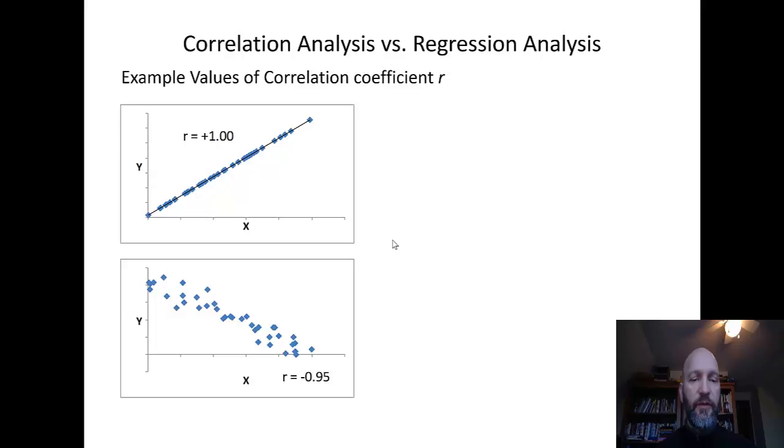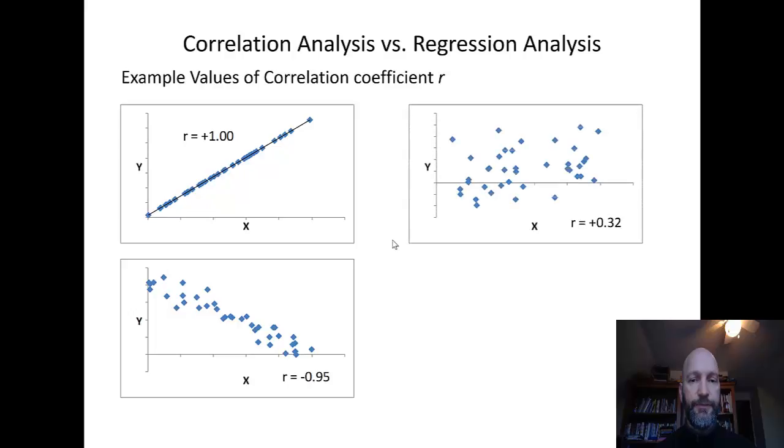So we have a negative correlation of 0.95. This is an example of what we call weak correlation. There is a tendency as x gets bigger for y to get bigger as well, but there's a lot of variation, a lot of noise in there. And so we would say our sample correlation is positive 0.32.